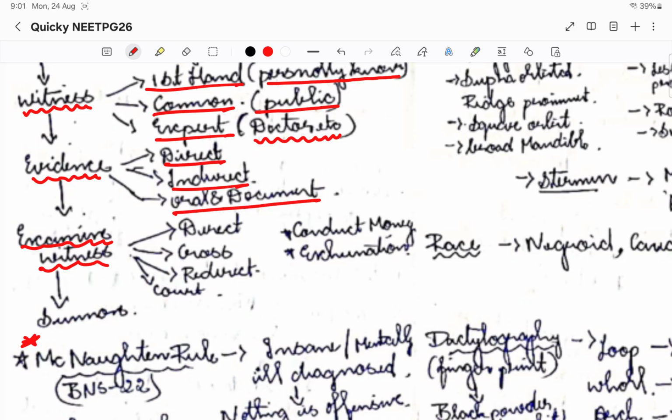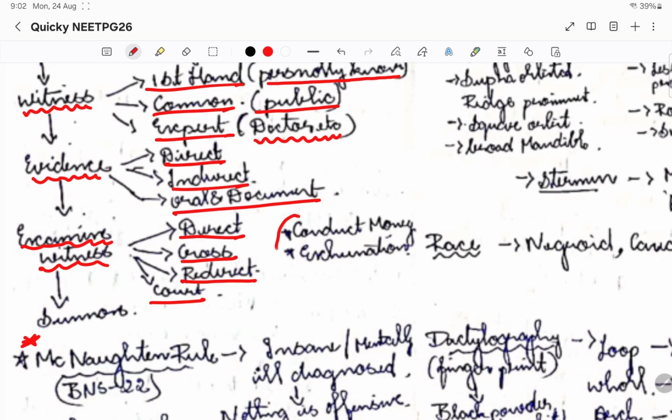In examining, both the for and fro will be giving the witness examination. So direct examination is there, cross examination is there, and then the redirect examination is there. Then the court can ask the question. Cross examination is where both the parties can ask the questions. So this is where the examination of witness will be there.